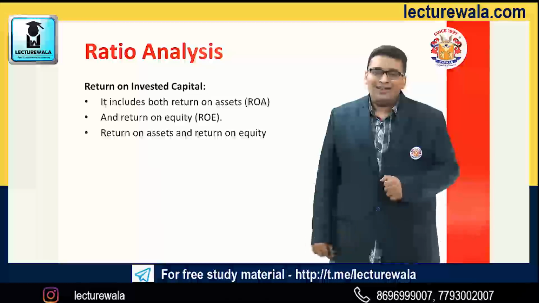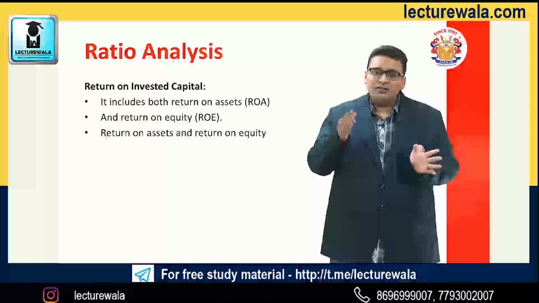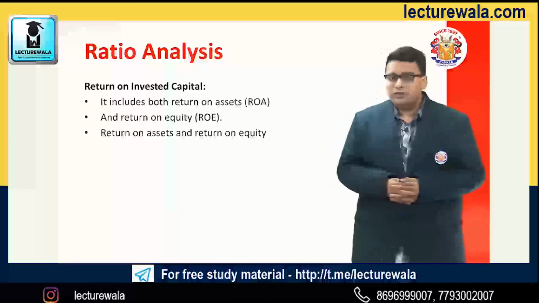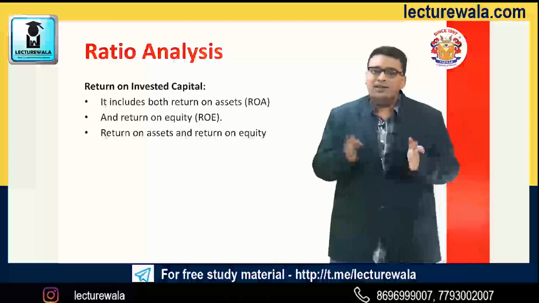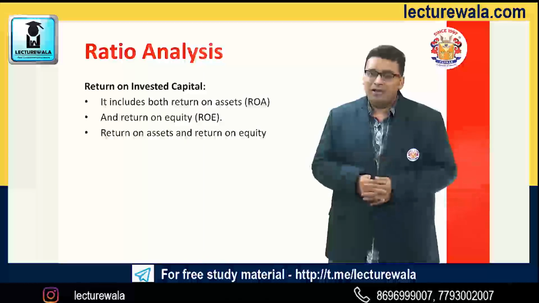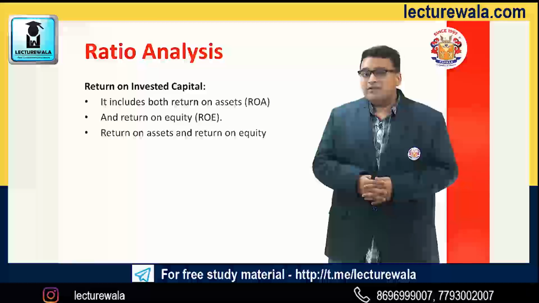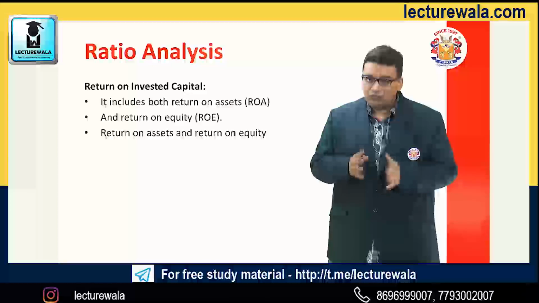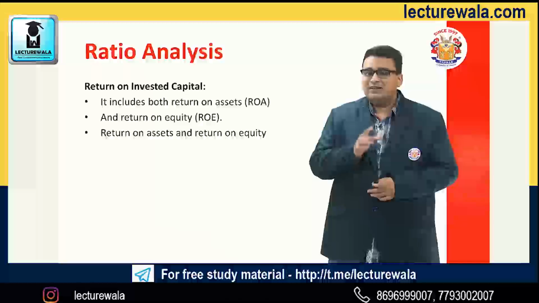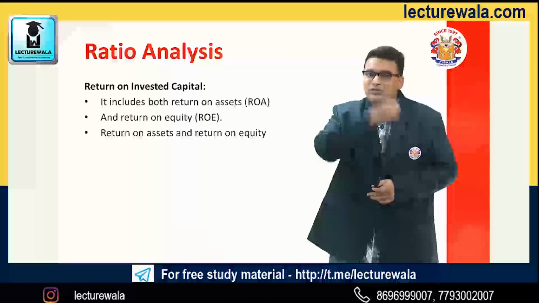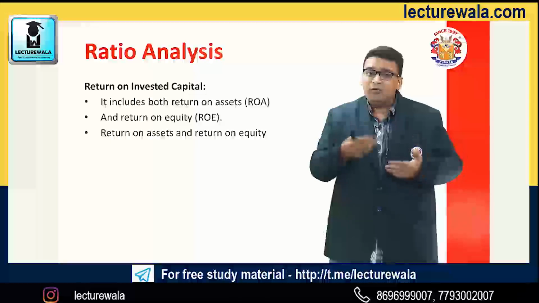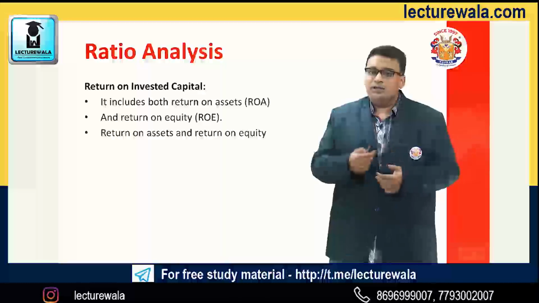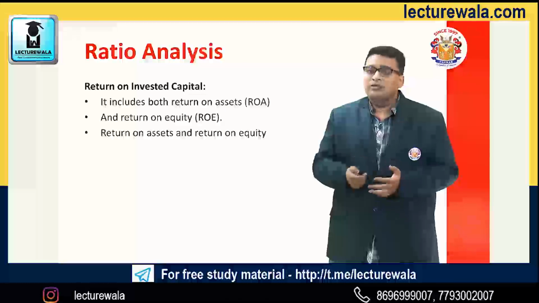If you talk about a statement of financial position, both the sides are getting balanced. What does it want to say? It says that the amount from shareholders is invested into capital, and they both help the company to generate the income, and that is what return on invested capital says.